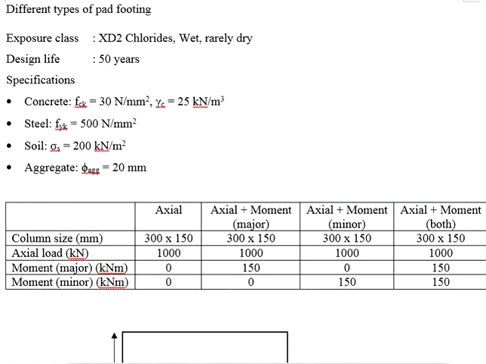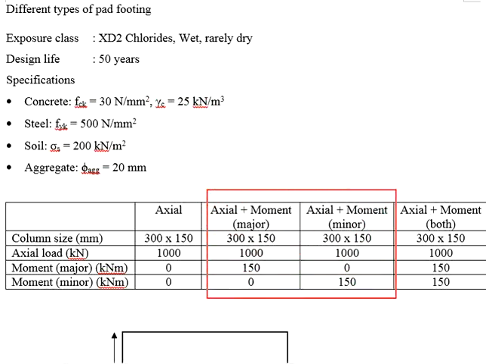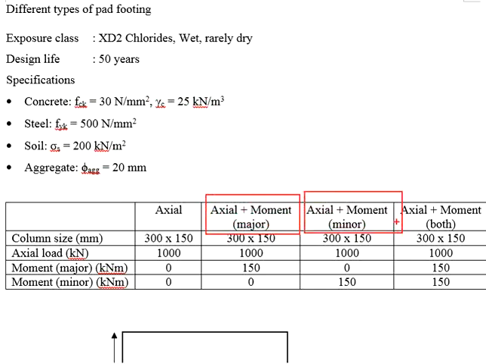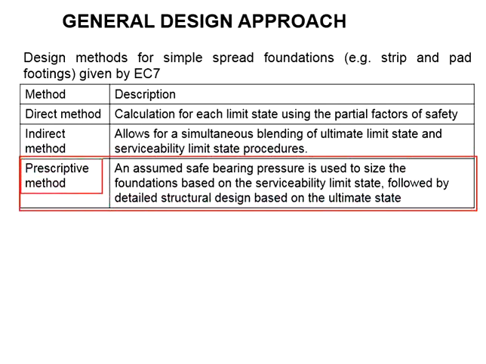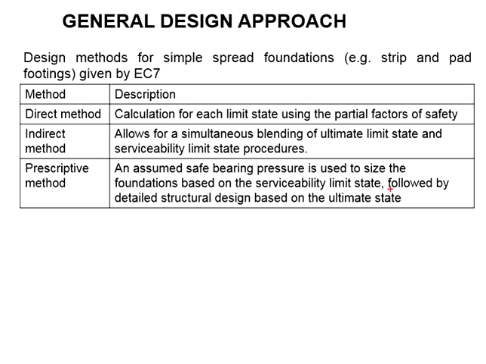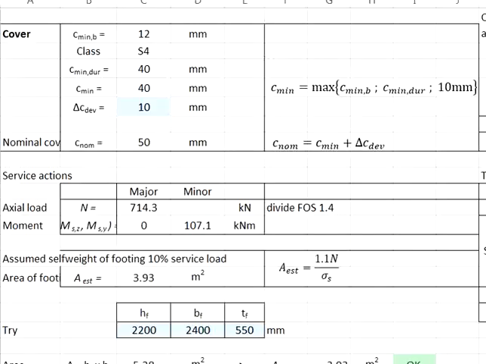Up to this stage, if you want to compare the calculation steps for the axial load plus the moment in the major axis and the axial load plus the moment in the minor axis, both calculation steps are in common in terms of the application of the prescriptive method. You are proposing the size of the pad footing based on the serviceability limit state. That's why both examples will have the service loads calculated using the ultimate load divided by a factor of safety of 1.4.